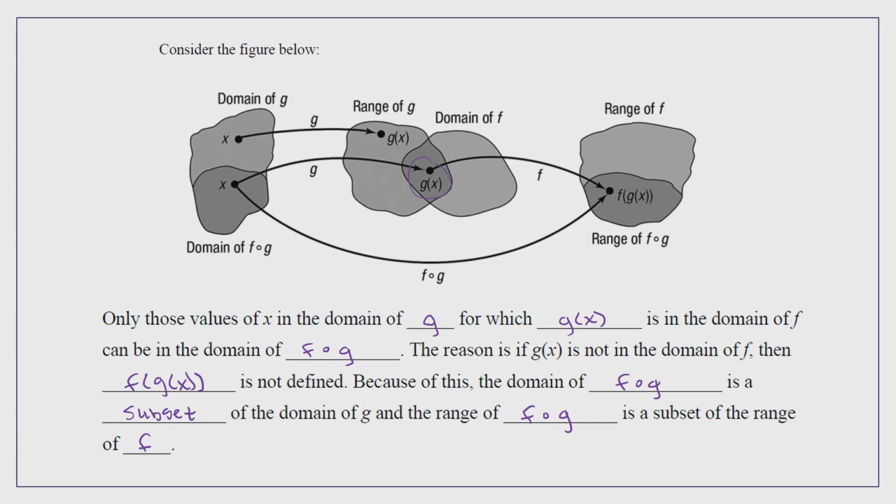The reason is if g of x is not in the domain of f, so that would be this section over here, then it cannot be in the range of f of g of x, which is right here on the side. If it's not inside this middle section, then it cannot be in the range of f of g of x.